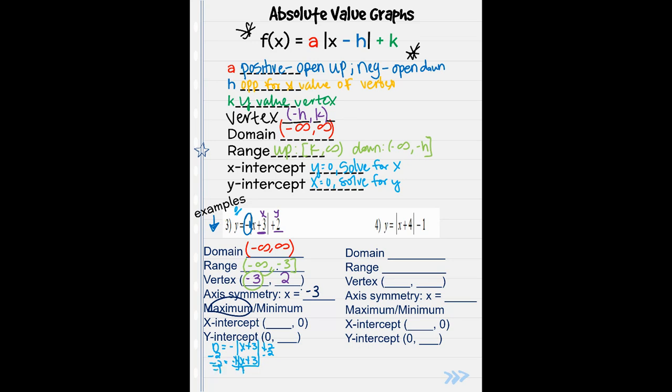Negative 2 divided by negative 1 is 1. So 1 equals the absolute value of x plus 3. Just remember, we need to do 2, 1 positive and 1 negative, x plus 3. Okay, so if we solve this, oh, this is a 2, guys.